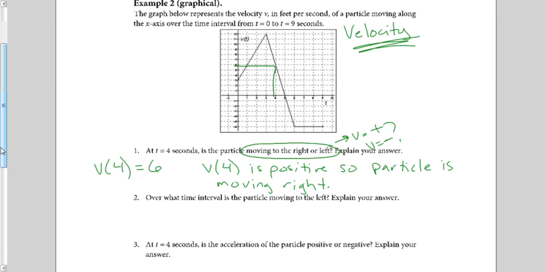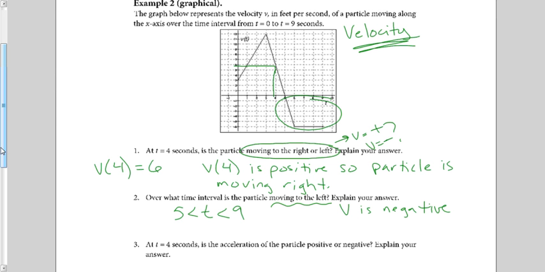Number 2, over what time interval is the particle moving to the left? Okay, particle moving to the left, that means v is negative. So all I care about is where my velocity, which is the graph I'm looking at, is negative. And that's happening right here. So that is between, looks like 9, it ends at 9 and it starts at 5.